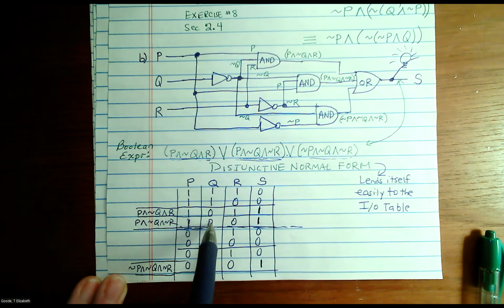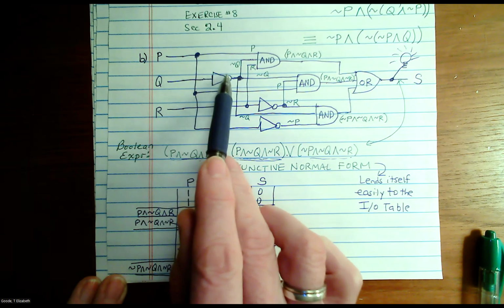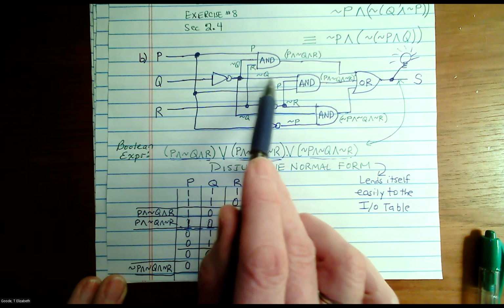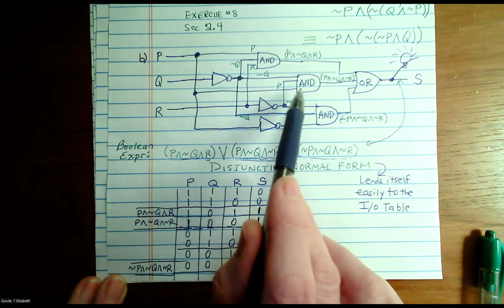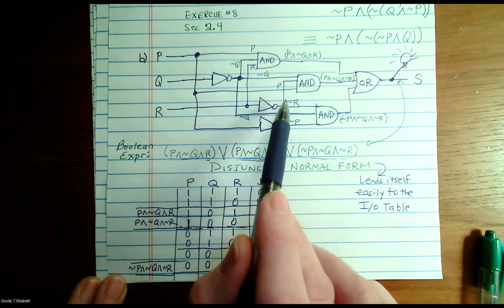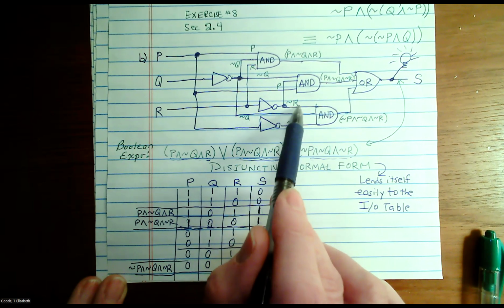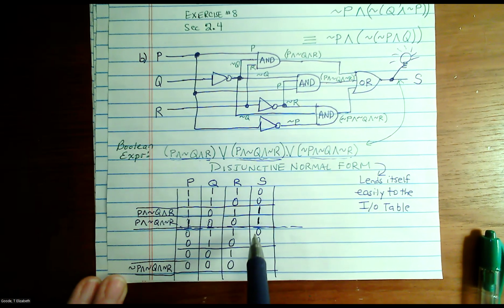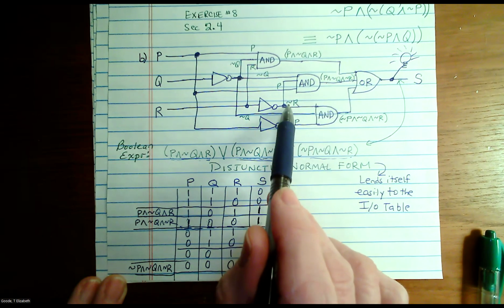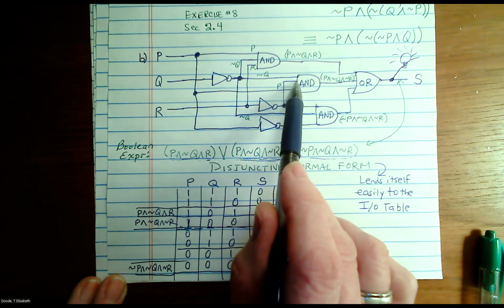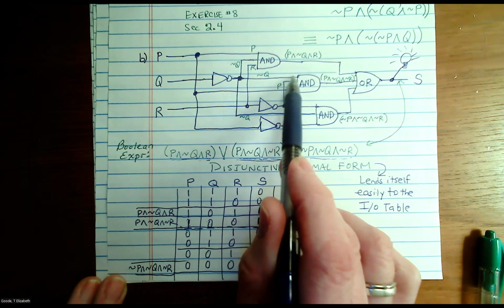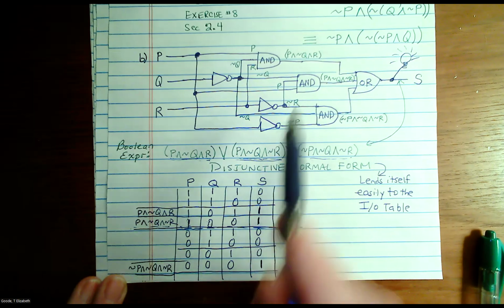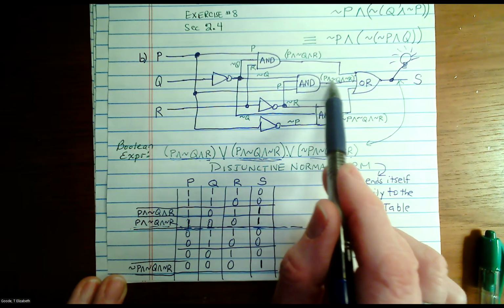Q is 0 in row 4, so when 0 goes through this NOT gate, it flips it to a 1, so we've got not 0, which is 1 coming in, and then the other wire that's coming into this gate is the NOT R wire from this NOT gate. But then if R is 0, then NOT R is 1. So all 3 of these wires coming into this AND gate will be 1s when this is the input. And that makes a hot output on this AND wire.